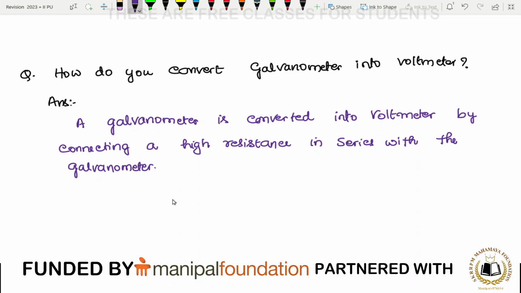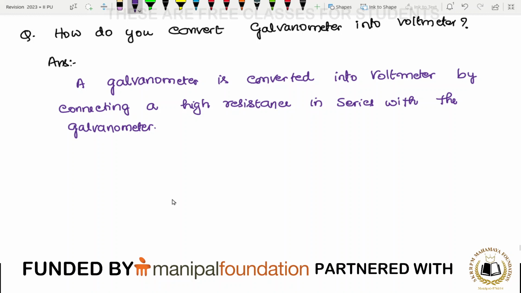Why do you have to connect high resistance in series? Because a galvanometer offers very low resistance in comparison with the voltmeter. So in order to increase the resistance of the galvanometer, we are going to connect high resistance in series. Okay.